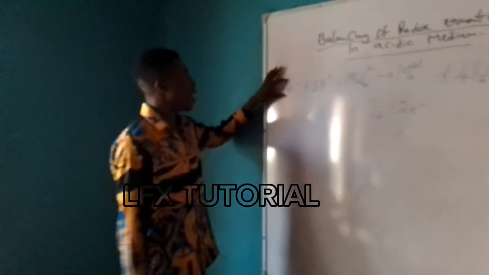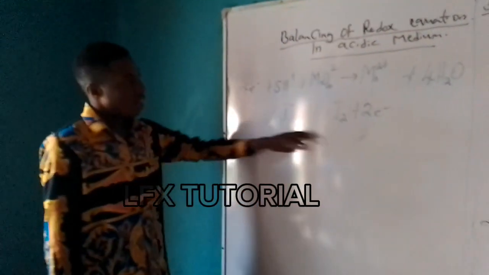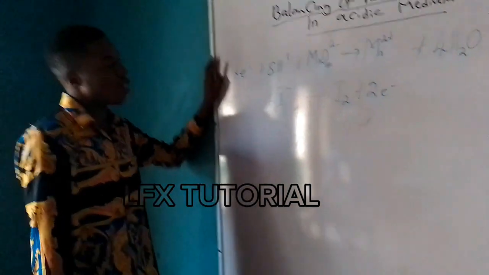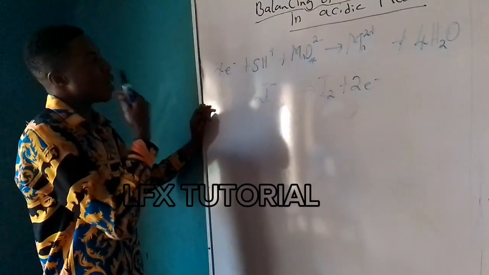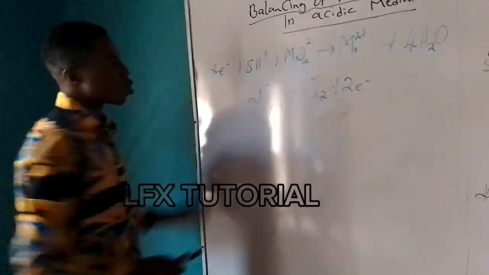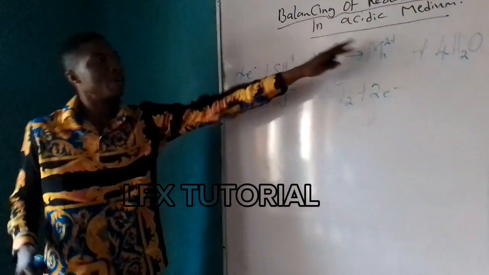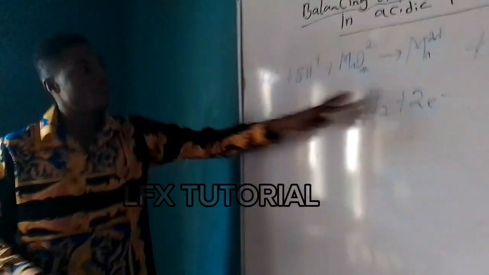First of all, on this side we have 4 electrons, and here how many is here? 2 electrons. So we have to make sure that these 2 electrons equal these 4 electrons. What are we going to do? We'll multiply the whole of this side by 2, so that at the end this 2 will become 4. So we're not going to multiply anything here. We only multiply this side.